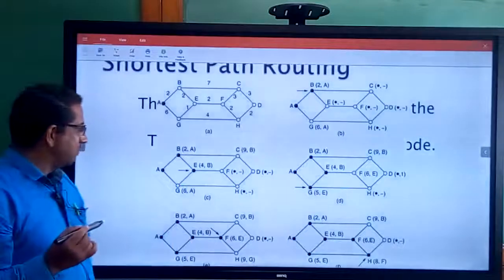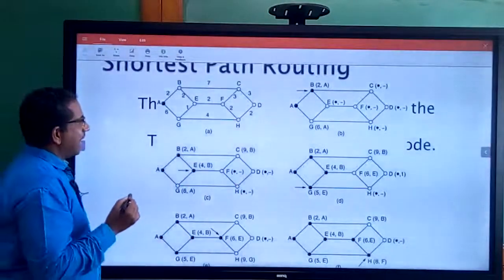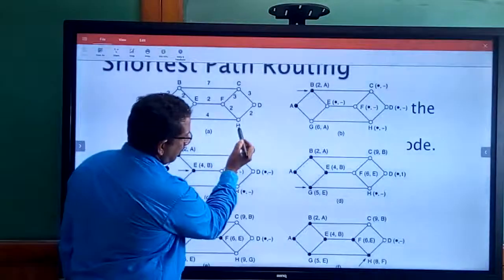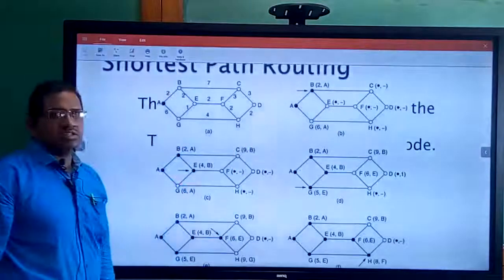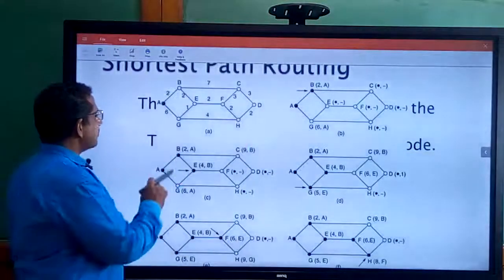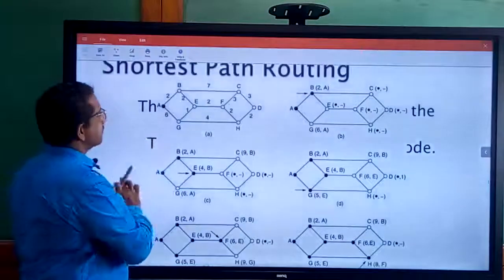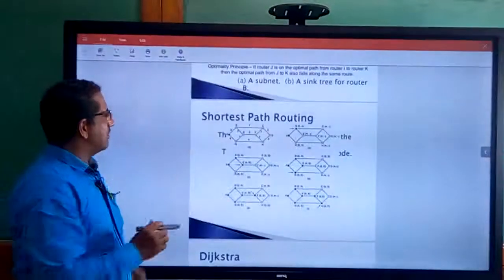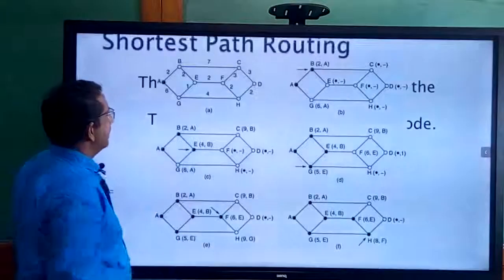Now I want to transmit a signal or a packet from node A or router A to router H. We have to find out the shortest path. So to find out the shortest path for this, what the routers will do now, first of all, router has to test for the distance covered for a packet to travel.